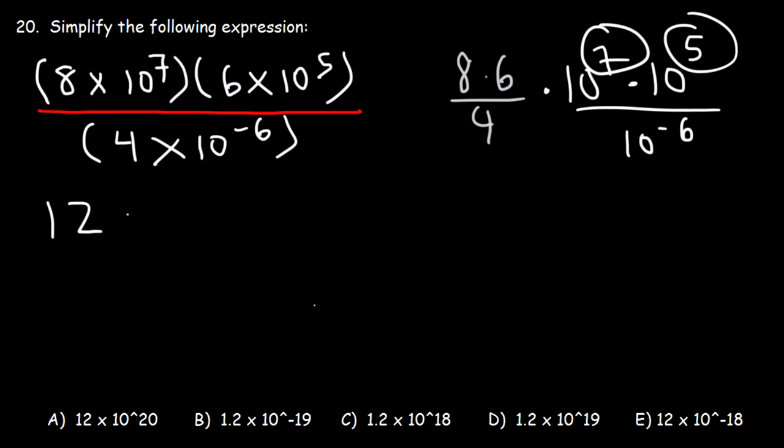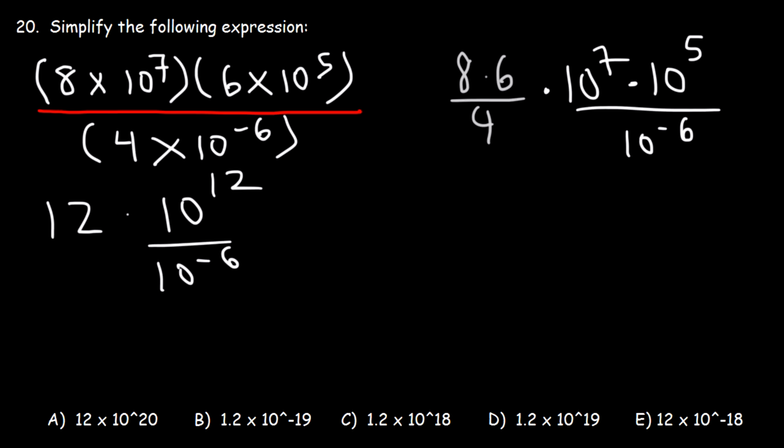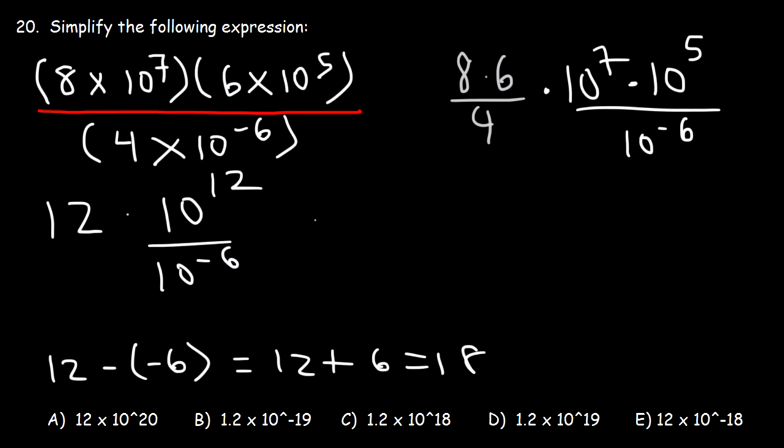So 7 plus 5 is 12. So we have 10 to the 12 divided by 10 to the minus 6. Now when dividing, you need to subtract the exponents. So it's going to be 12 minus negative 6, which is the same as 12 plus 6, and that's 18. So what we now have is 12 times 10 to the positive 18.